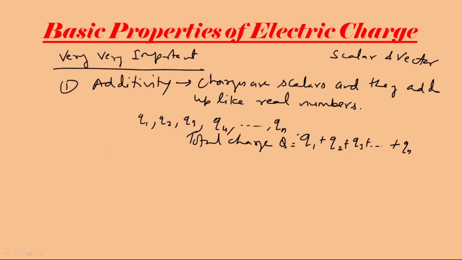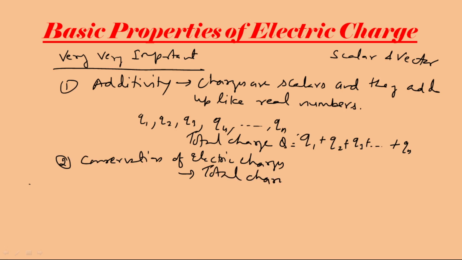The second property is conservation of electric charge. The total charge of an isolated system remains conserved or constant.